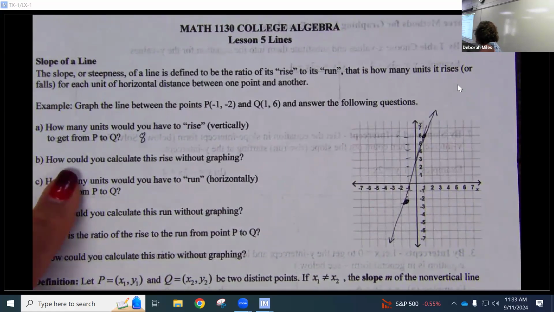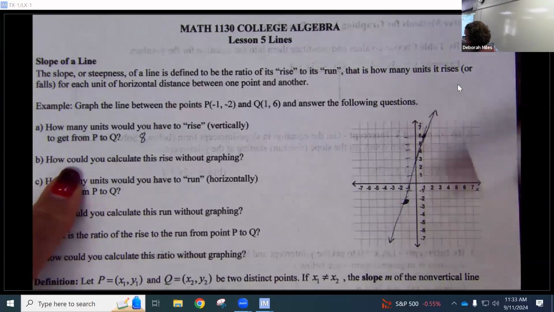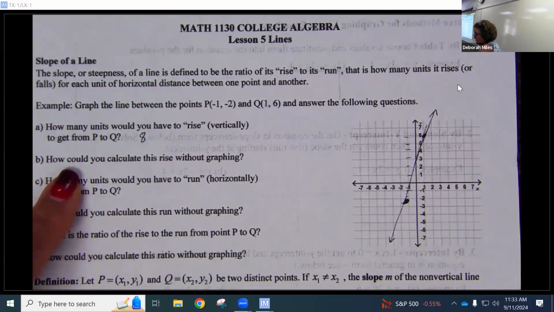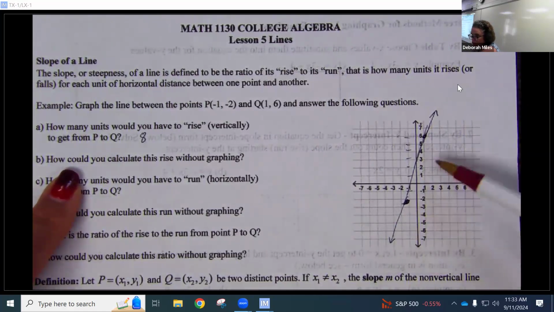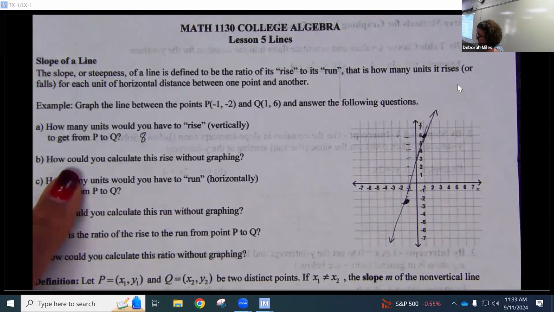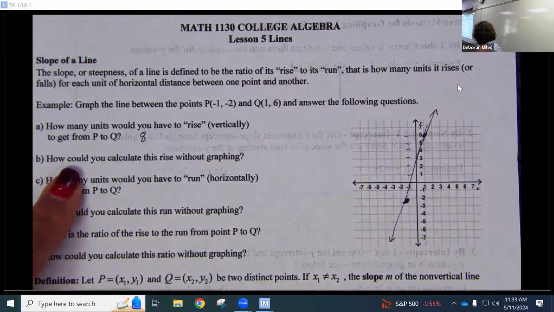But how else could we have found that rise other than counting like I just did? What gives us the difference in height in 2 points? What specifically? The y's. The y values tell you how much to go up or down from the x-axis.